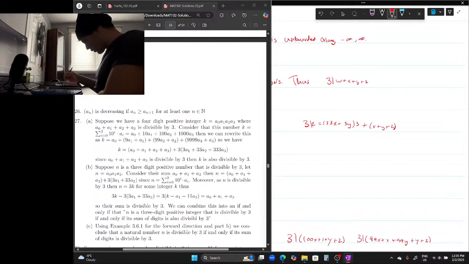So again, bring that over. So we get 3k minus 11? Why 11? It's already factored out. I guess, yeah, wait, why?